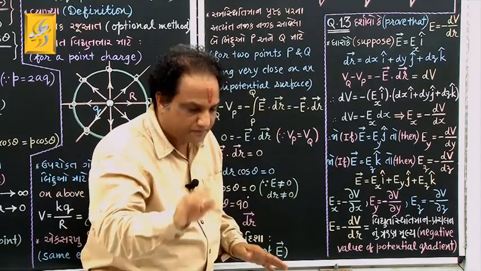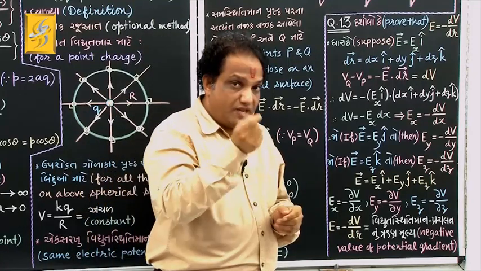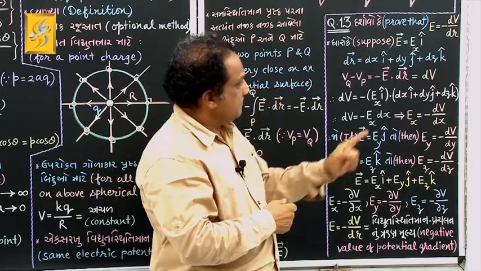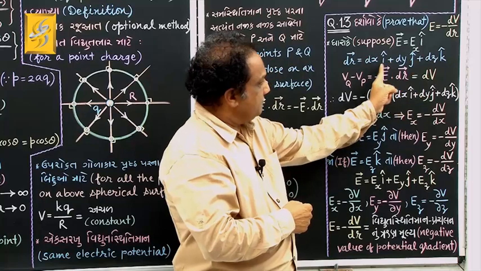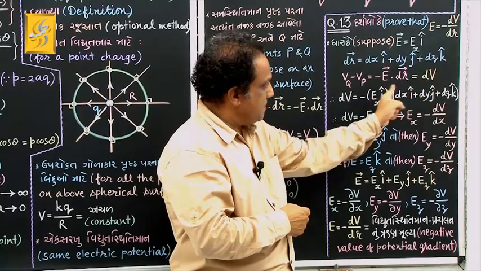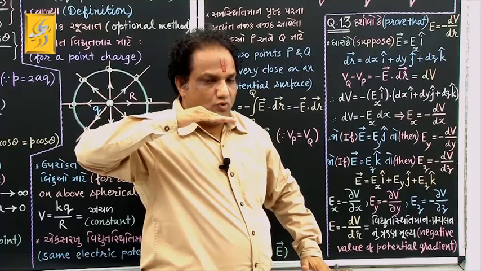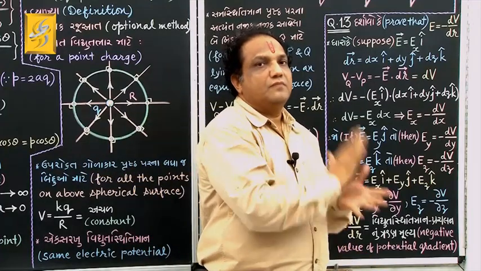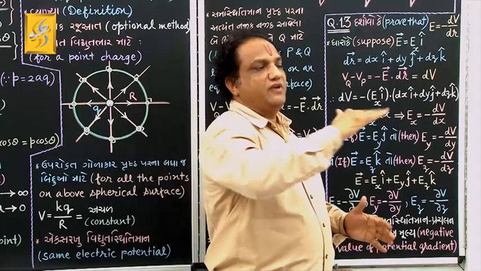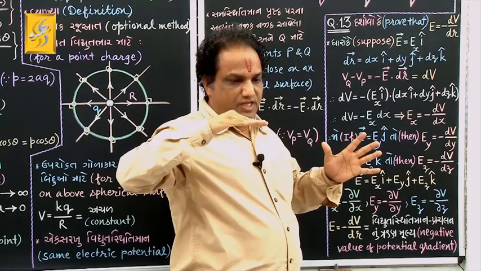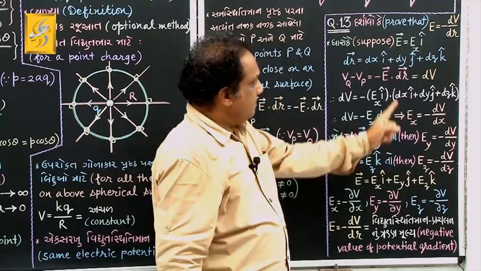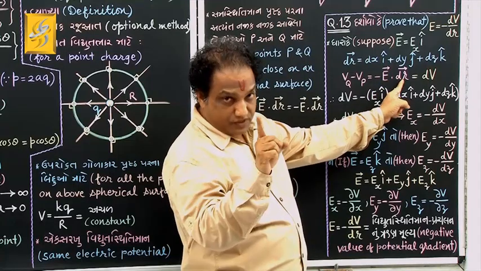Okay, fine. My dear, one very important note, look. dV is this much, correct? Now you just do one thing. In the electric field, you move in the direction of electric field. If you move in the direction of electric field, what will happen? The displacement is in the direction of electric field, so these two vectors will have the same direction.